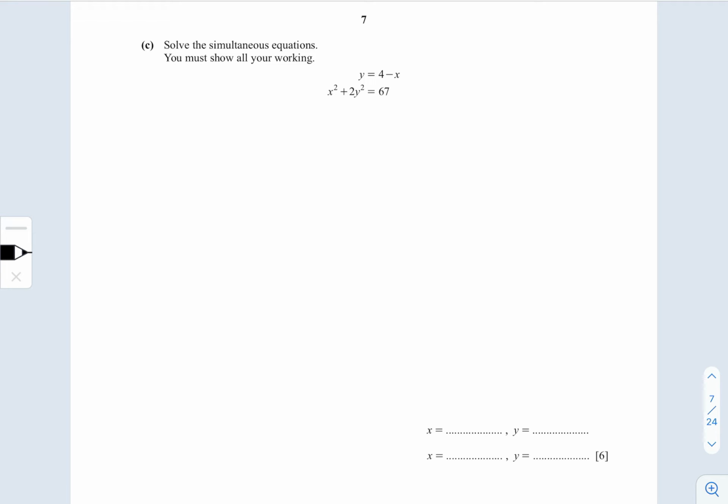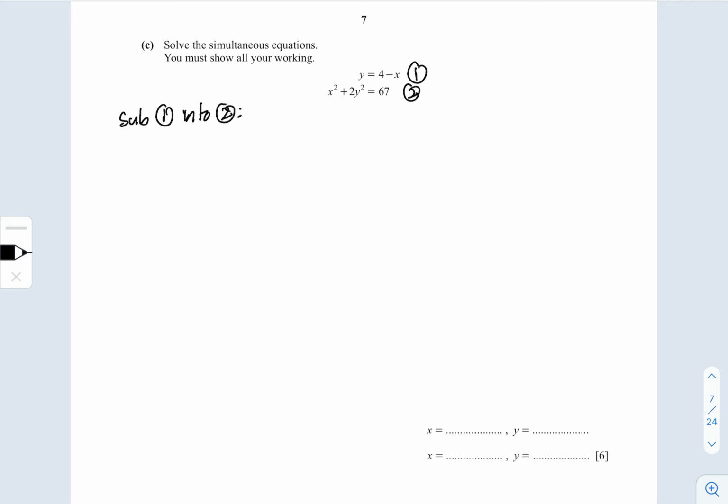So in question 4c, it mentions to solve the simultaneous equations, and you must show all your working out. We have the first equation, which is y equals 4 minus x. The second equation is x squared plus 2y squared equals 67. The first step is to substitute equation 1 into equation 2.